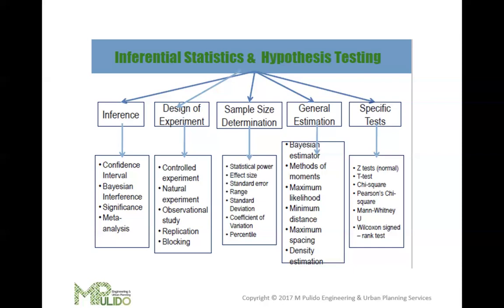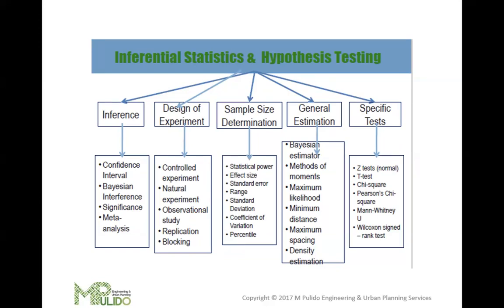Standard error means the standard deviation of the sampling distribution of a statistic. Example, smaller standard error indicates more precise estimates. Then range, standard deviation, coefficient of variation, percentile. So these are measures of dispersion that describe the spread of data.